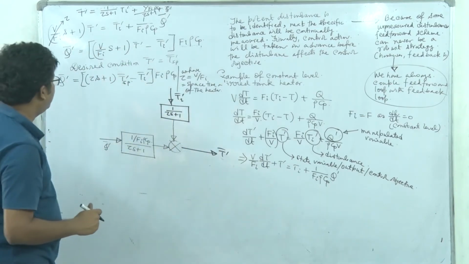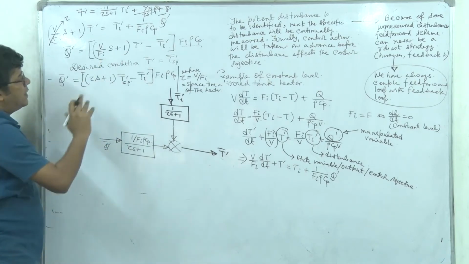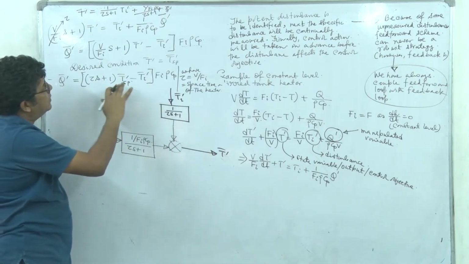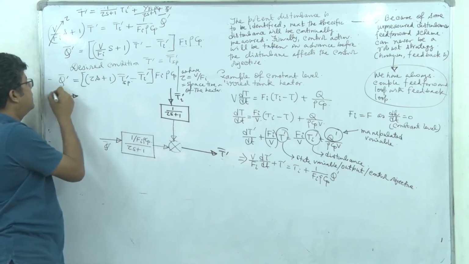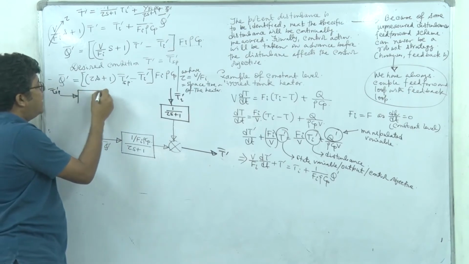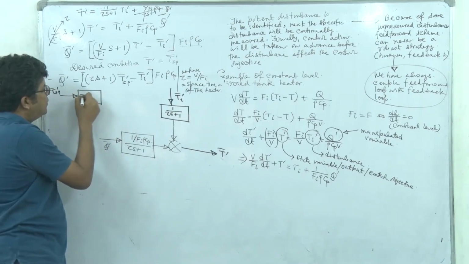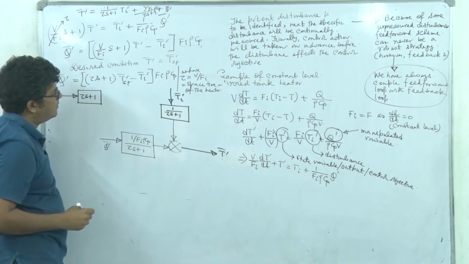So once we have the open loop, next we have the set point, TSP prime bar, and we multiply it by a block which is tau s plus 1.